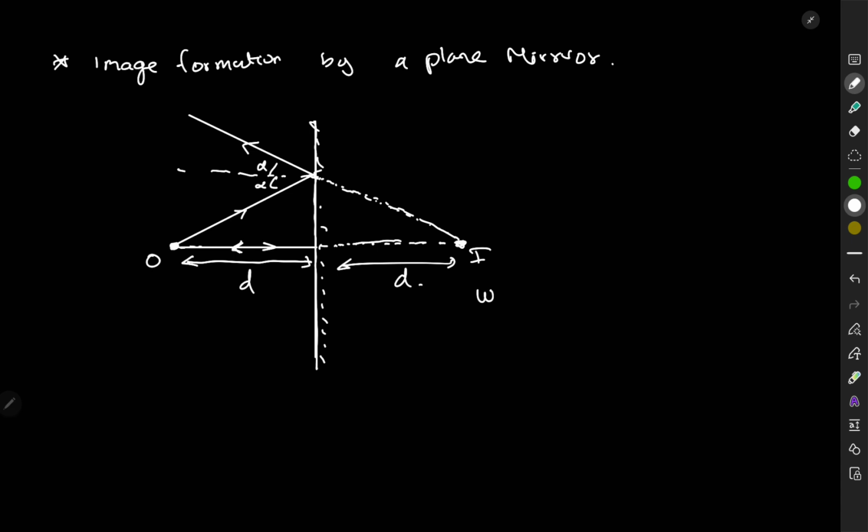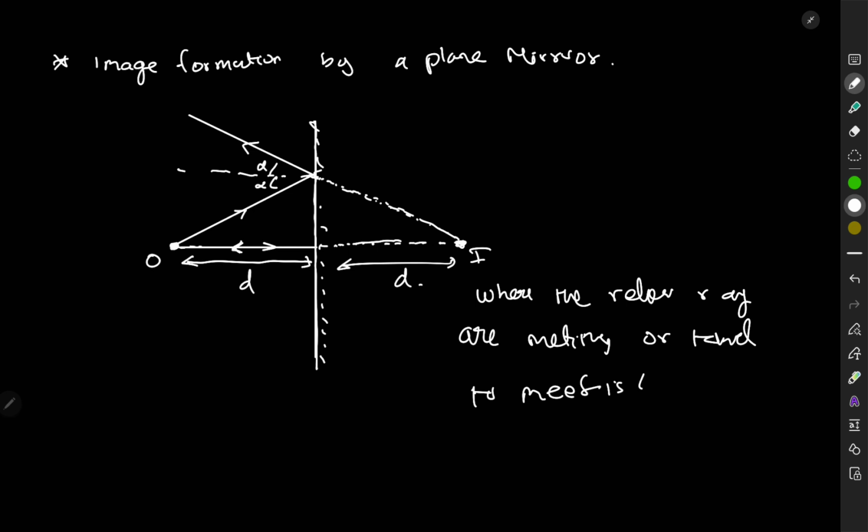An image is a point where reflected rays are meeting or tend to meet.